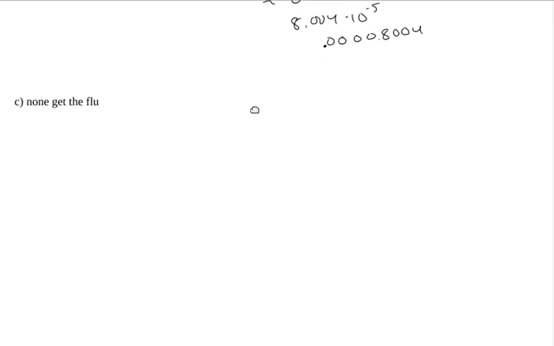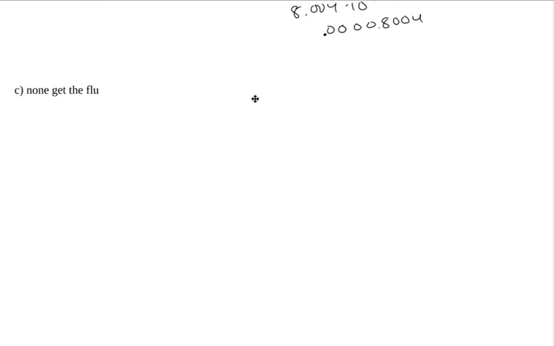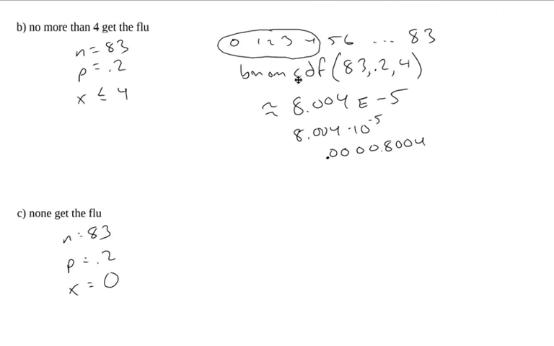The probability that none get the flu, well, n is 83, p is 0.2, and again we're counting our successes as the number of people that get the flu, so the probability that none of them get the flu would be x equals 0. This is exactly equal to 0, so I'm not going to use the CDF, I'm going to use the PDF. On the last one, I used the CDF because I'm going over a range of values.